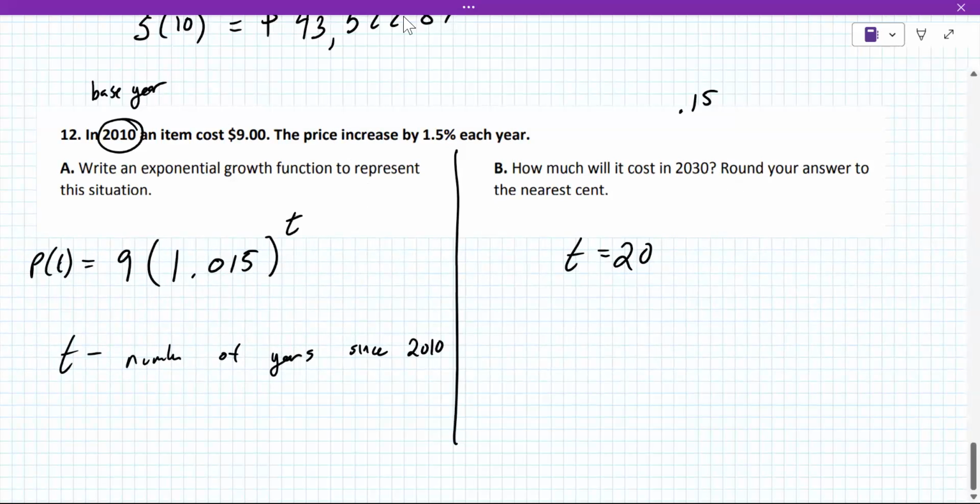You're going to use that value in for T. So go ahead and calculate that for us, please. All right. 12.12. Okay. Very good.